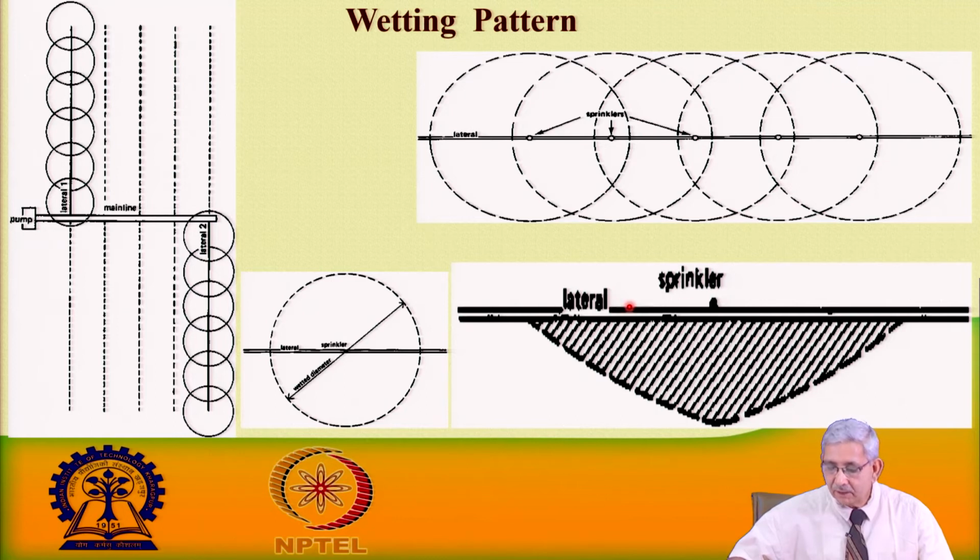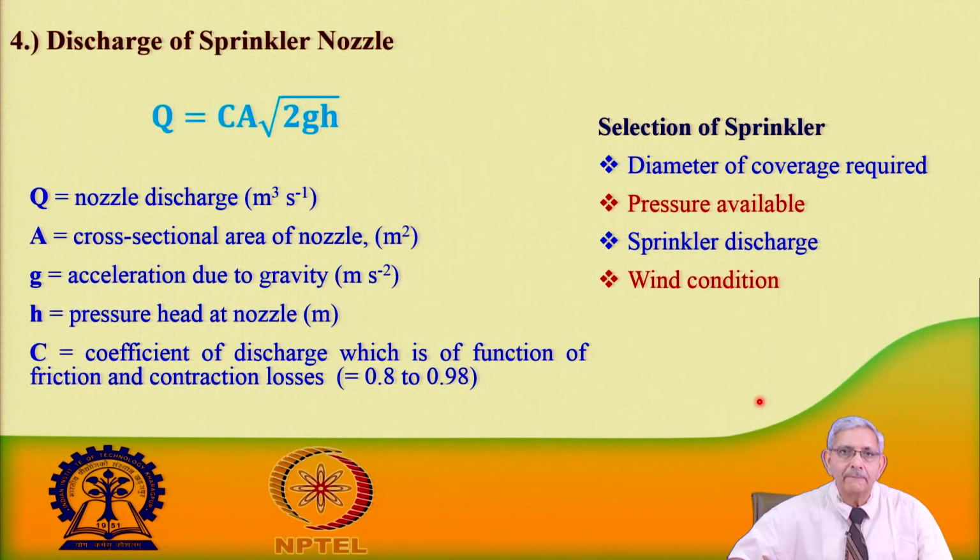So, for a single sprinkler, when the water is being distributed, you see how the wetting, means soil moisture movement from a single sprinkler, will look like. So, more water is available beneath the sprinkler head. The discharge of the sprinkler nozzle is estimated by this equation, Q equal to coefficient of discharge multiplied by area of the nozzle into root 2 g h.